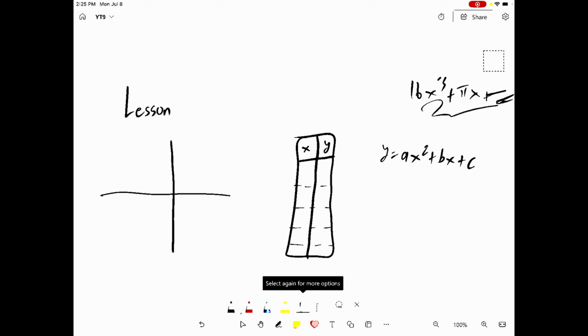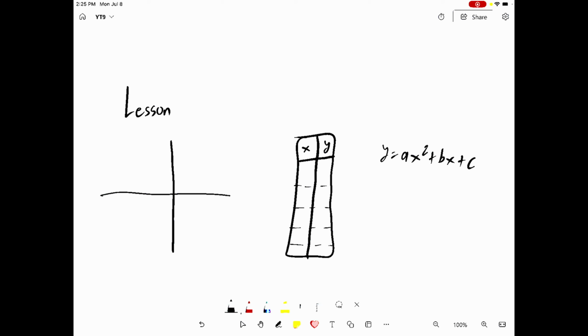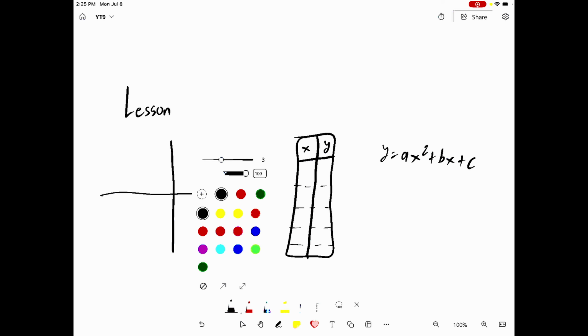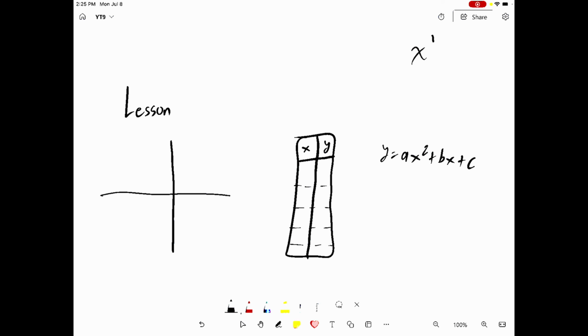Quadratic functions are where the highest power, and let me review that, power is where I have x to the first, second, that's the second power, x to the third. The highest power is the square power, or number 2, so I'd have x to the power of 2, or x squared. That's what a quadratic function is.